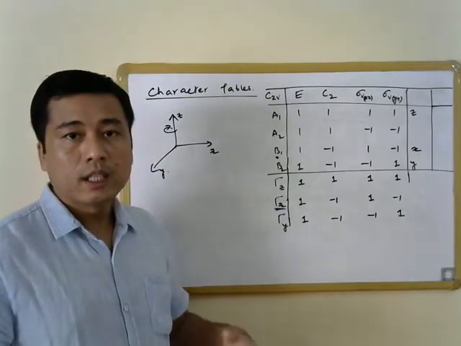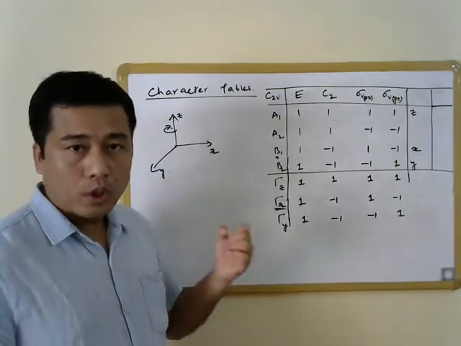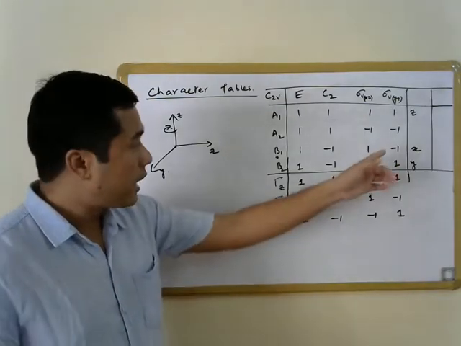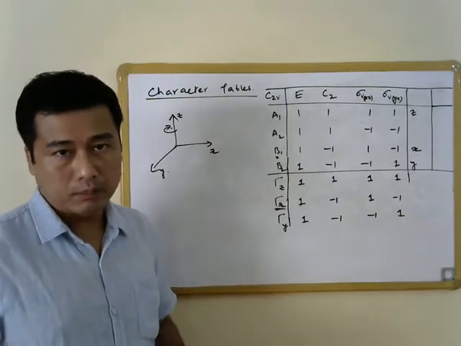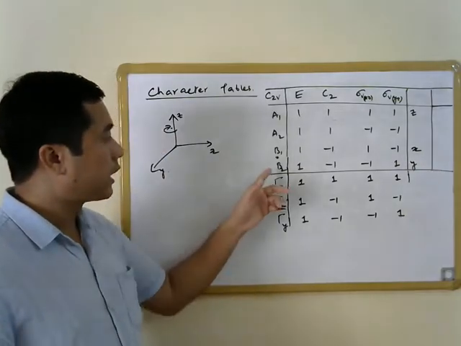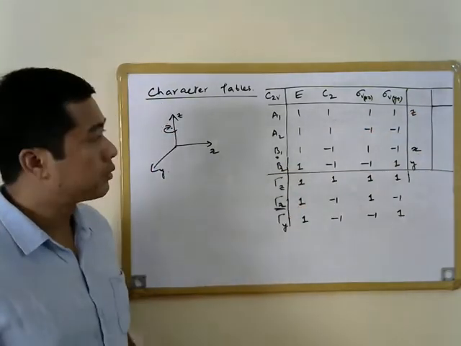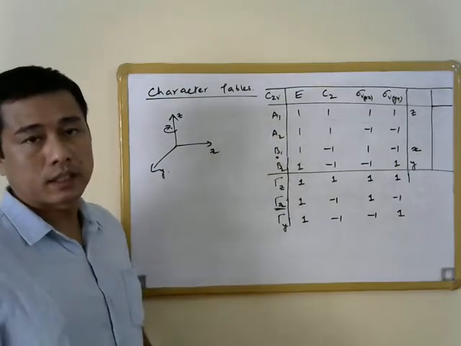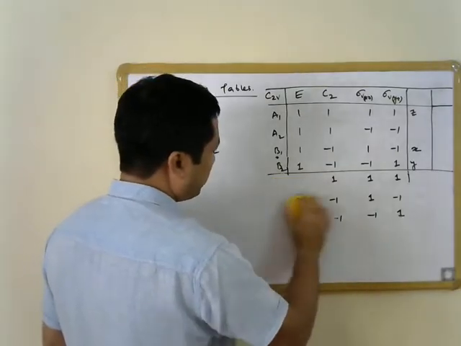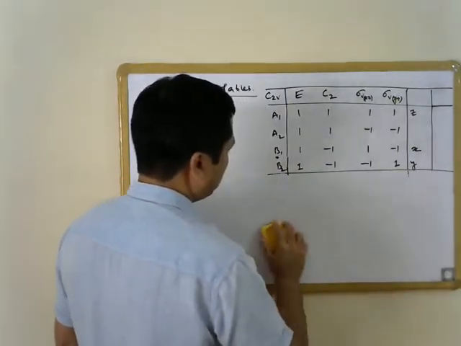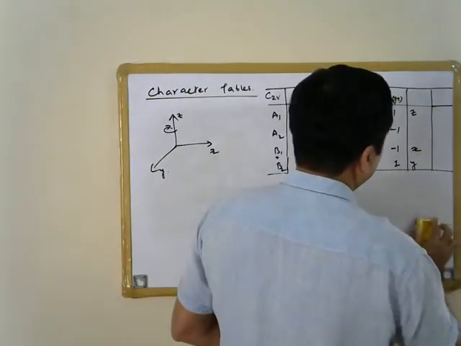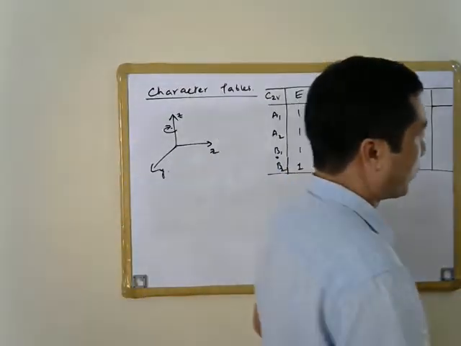We can also say that the translational mode along the x direction has B1 symmetry. Similarly, the translational mode along the y direction has B2 symmetry, and along the z direction has A1 symmetry. So these also give us the symmetry of different translational modes for any molecule in a particular point group.